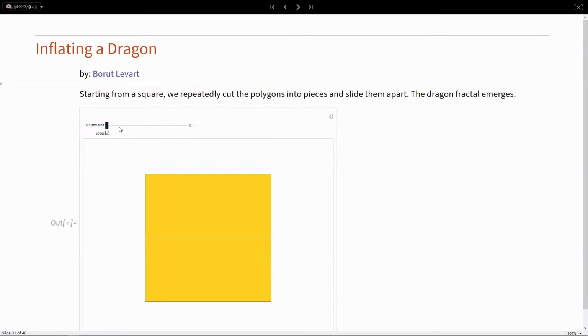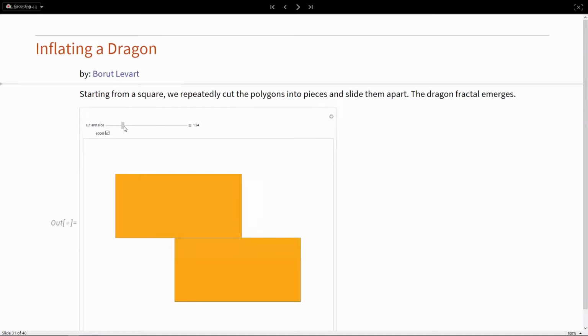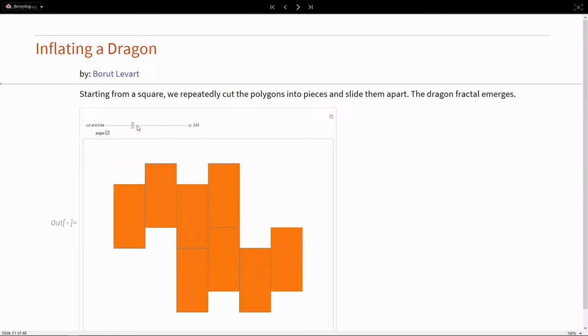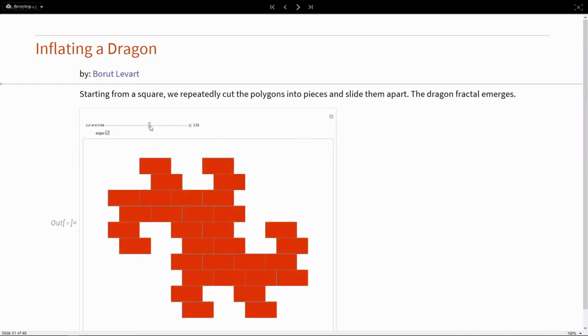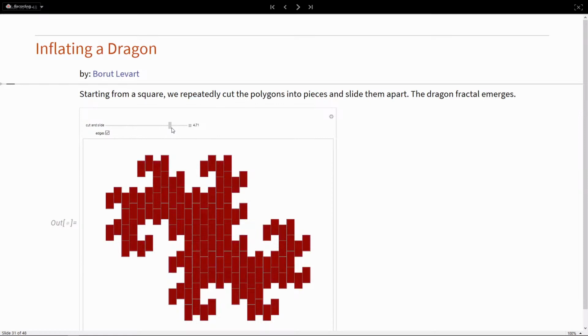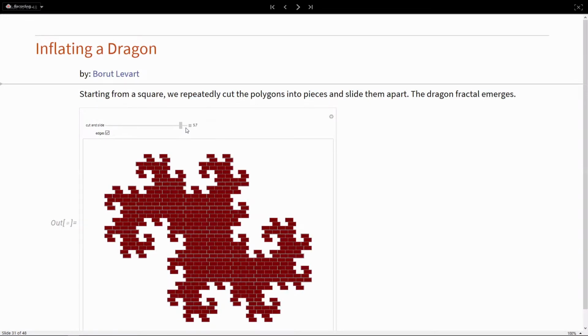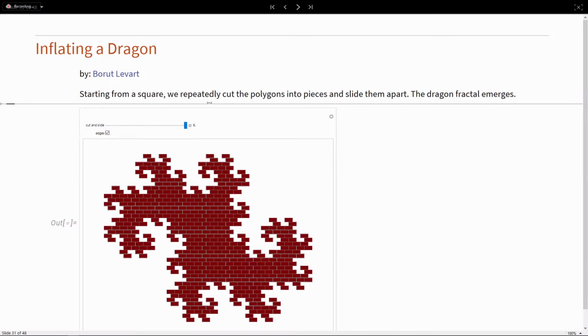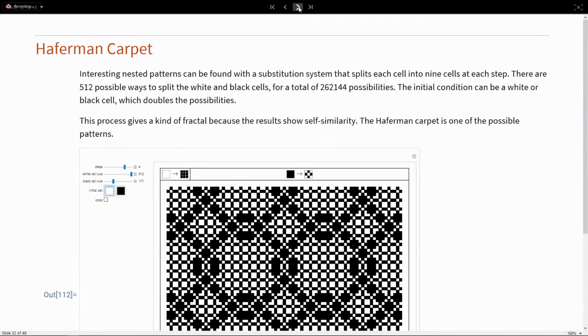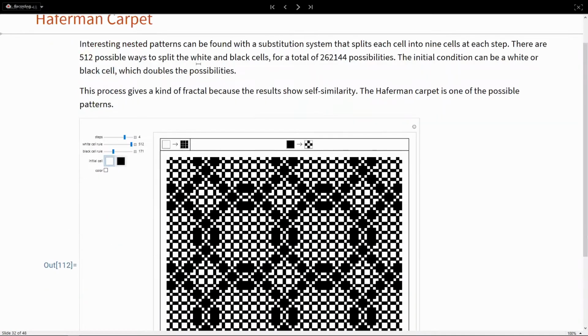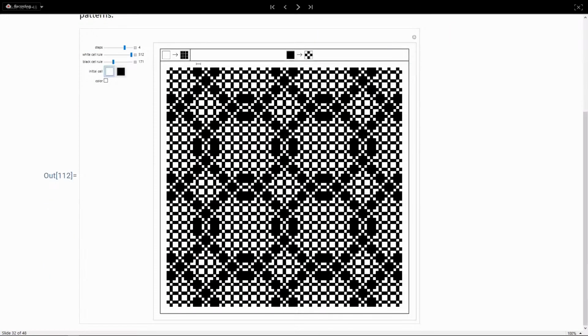Here's another way of creating the dragon curve. We basically start with a set of dominoes, and then we cut and slide the dominoes. And as we continue cutting and sliding, we get the dragon. Another substitution system is known as Hafferman's carpet.